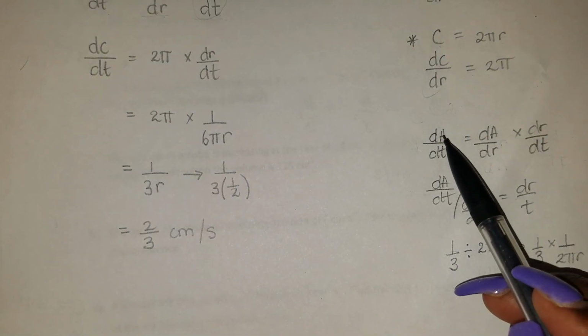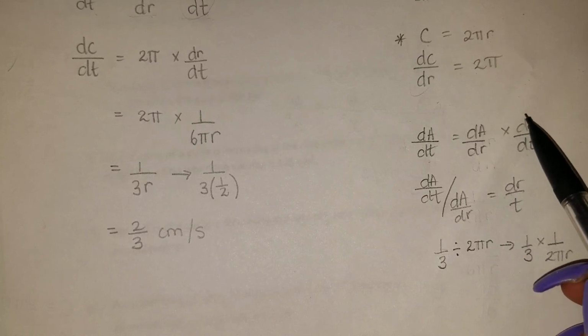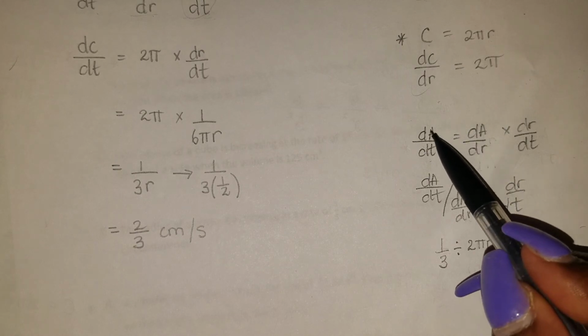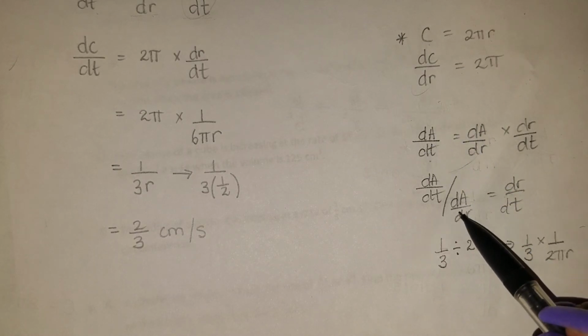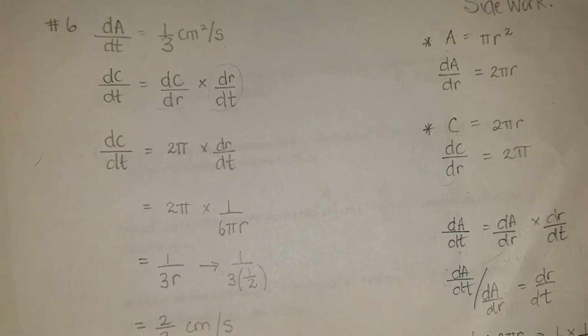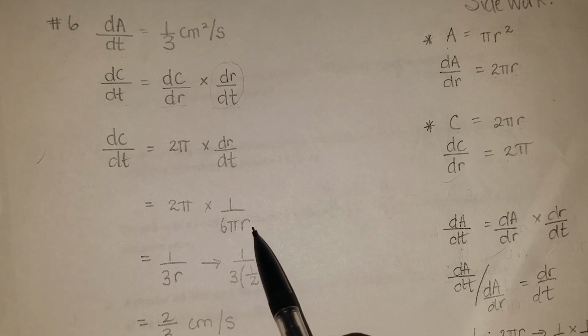From our formula of dA/dt equals dA/dr times dr/dt, we can transpose, and the dr/dt becomes dA/dt divided by dA/dr. Now our dA/dt was given as 1 over 3. And if we divide by dA/dr, which we found to be 2 pi r, we need to multiply by the reciprocal. As you see here, we turn it around. So it's 1 over 3 times 1 over 2 pi r, which gives us 1 over 6 pi r.